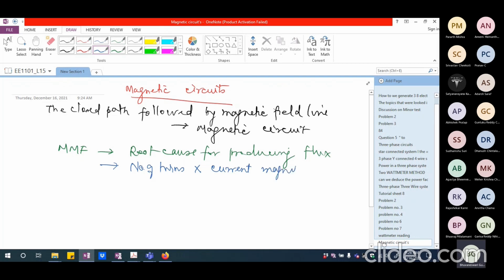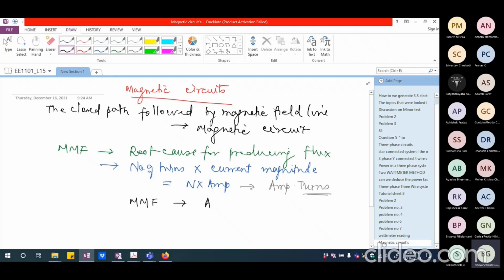So the magnitude of the entire MMF is going to be N multiplied by ampere, or if I write the unit, I should write it as ampere turns. But the turns do not have any dimension. That is the reason why we would generally specify MMF in ampere.